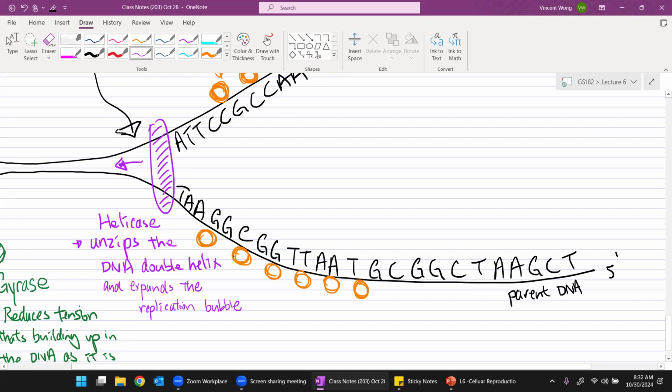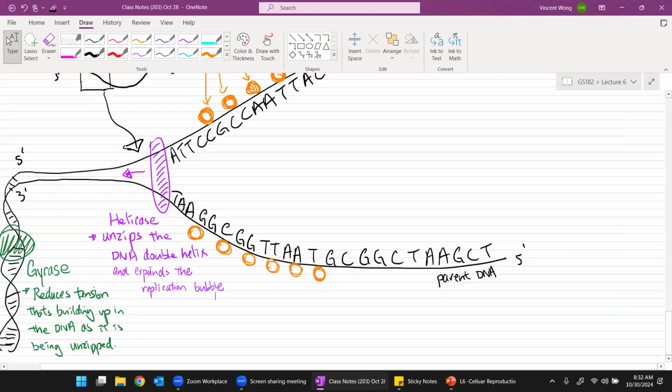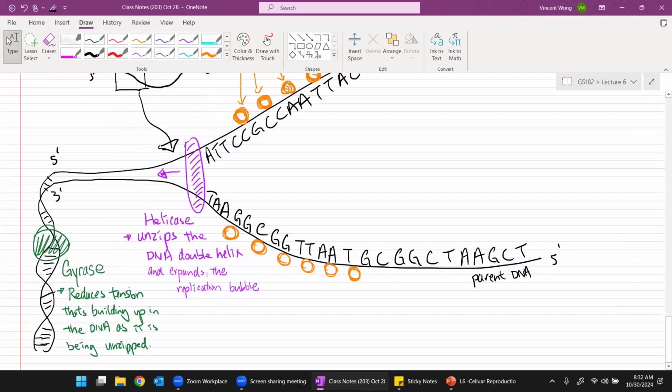So ultimately, the bubble will fully extend and separate the two strands completely. As this unzipping is going on, there will be some tension that builds up in the double helix. And you need to reduce the tension so that the strand's not going to break. That would be the function of gyrase.